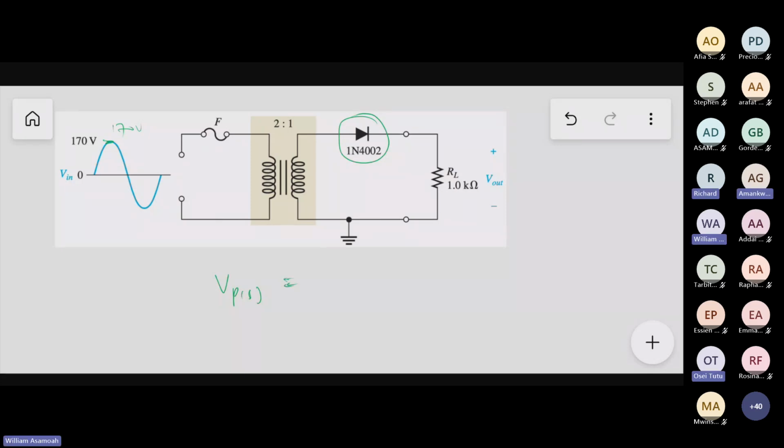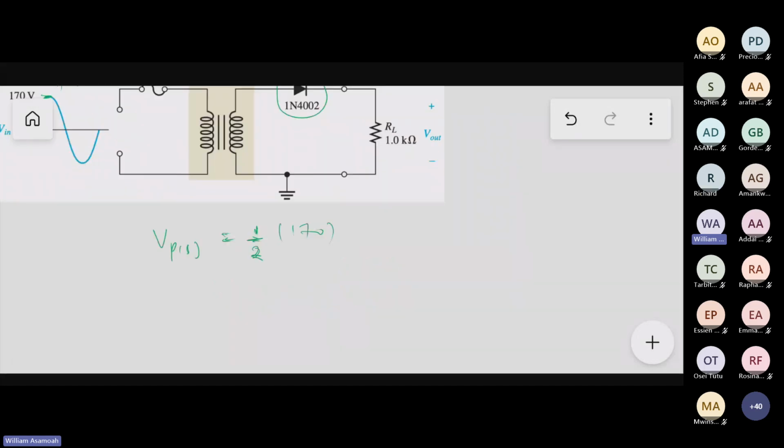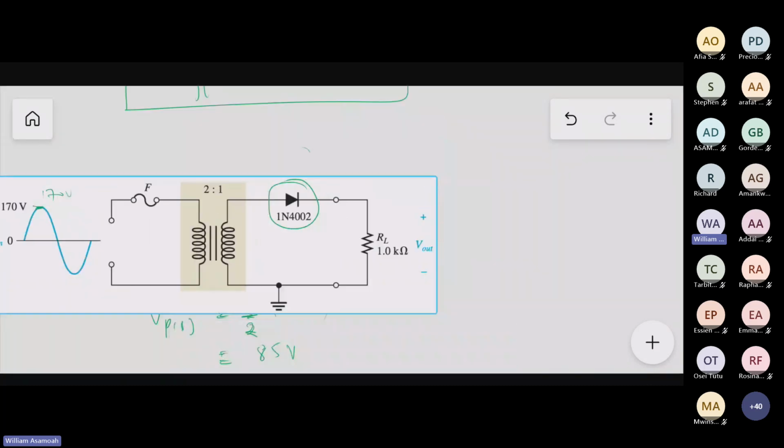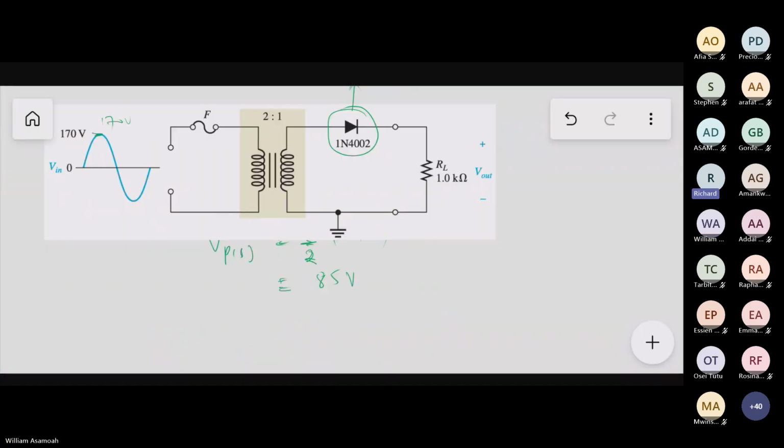That means that the voltage at the secondary will be 1 over N, or 1 over 2 times 170. And what would that be? 85 volts. So let's say this diode has a VBR max of 100 volts. You see that 85 volts can simply work with it. Please, we understand.